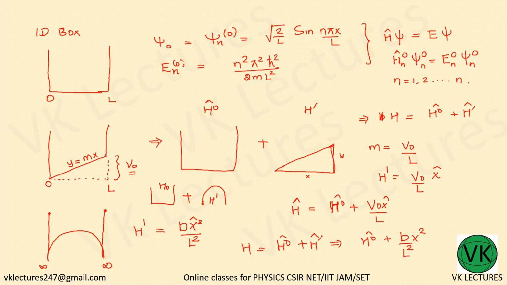So H naught is the unperturbed one, while this is the perturbation. Okay, perturbed state, perturbation. And this H is the perturbed Hamiltonian, which represents the total Hamiltonian of the system.